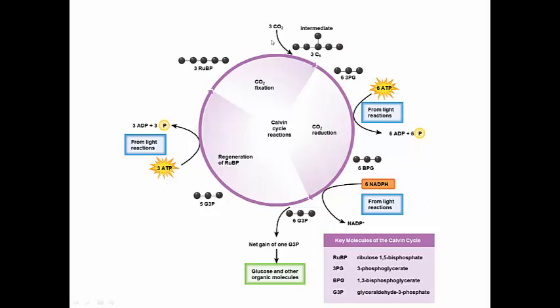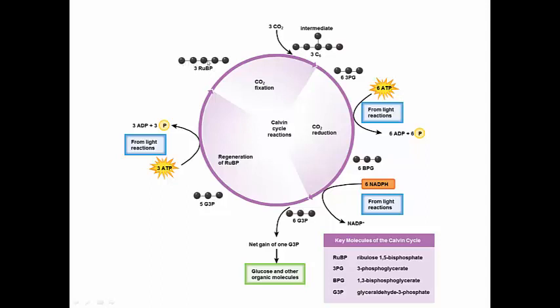We remind ourselves it's called CO2 fixation, the addition of carbon dioxide from the atmosphere into a solid form, in other words, into a form of a carbohydrate. Here we're adding ATP, here we're adding electrons, here we're adding ATP, and then eventually we regenerate that original substrate. RuBP, ribulose 1,5-bisphosphate, is the original substrate.